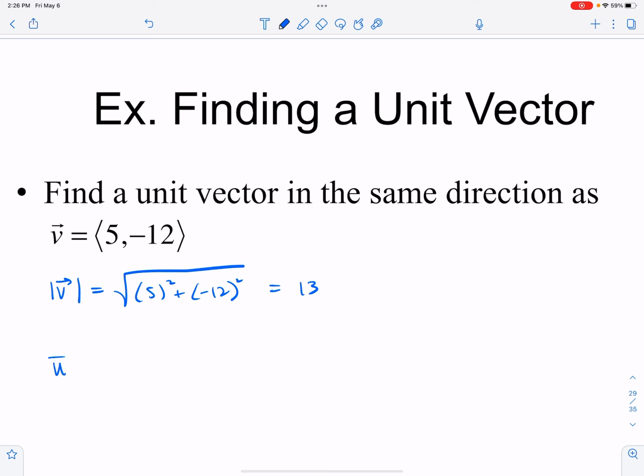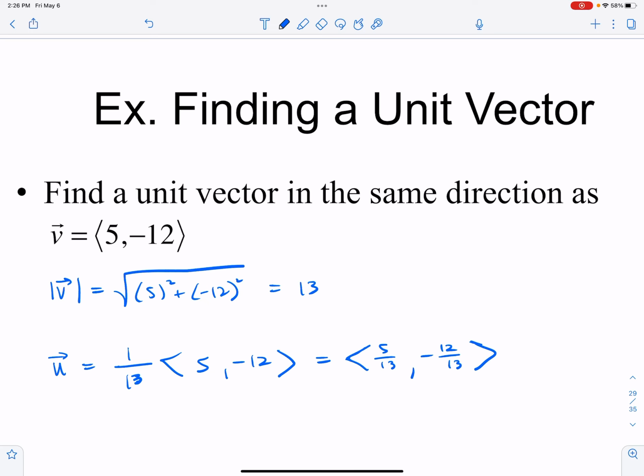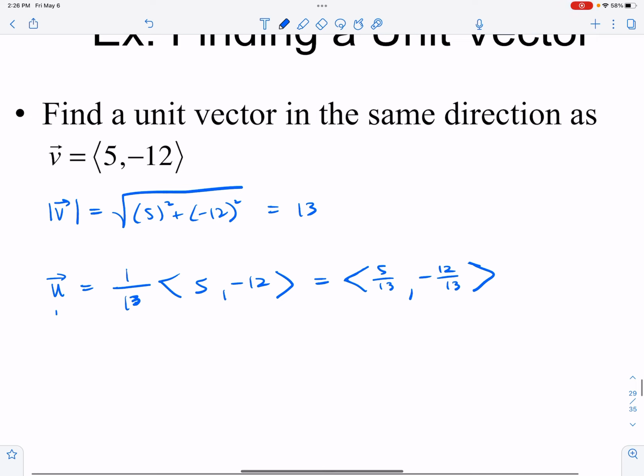So the unit vector, which I'm going to call vector u, would be 1 over 13 times vector v, which, thinking distributive property, would be equal to 5/13, comma, negative 12/13. So that would be the vector in standard position that is a unit vector and points in the same direction as the vector 5, comma, negative 12.